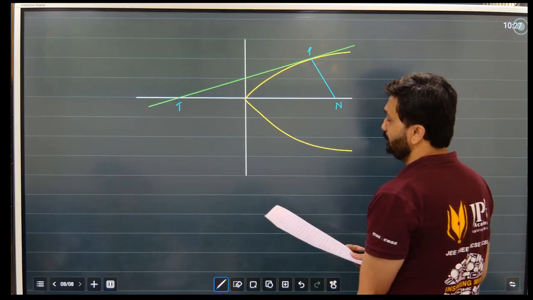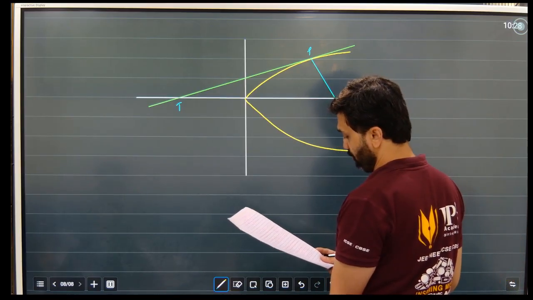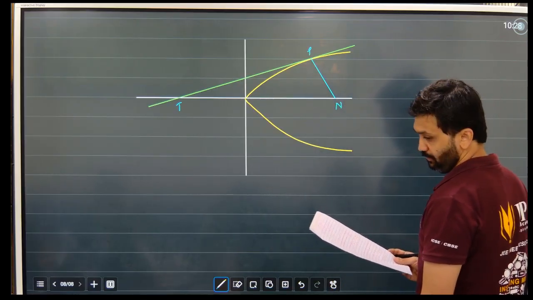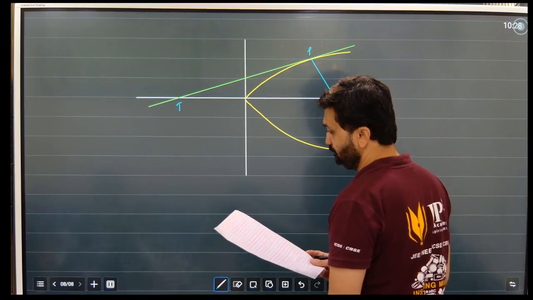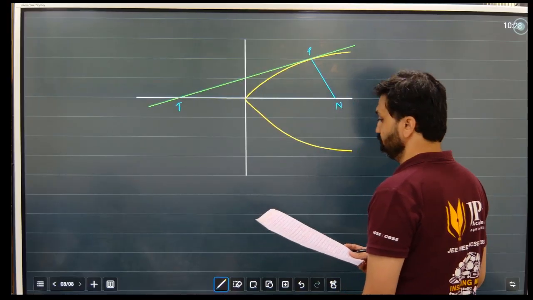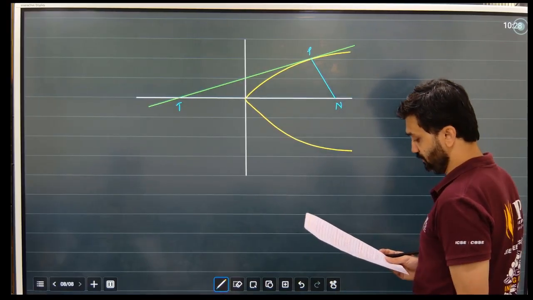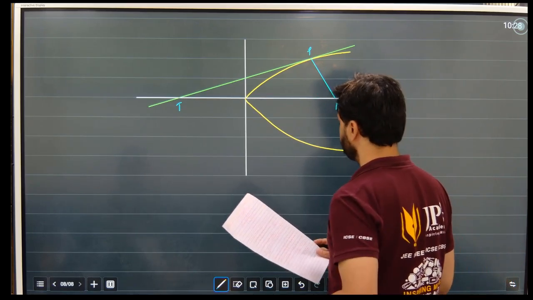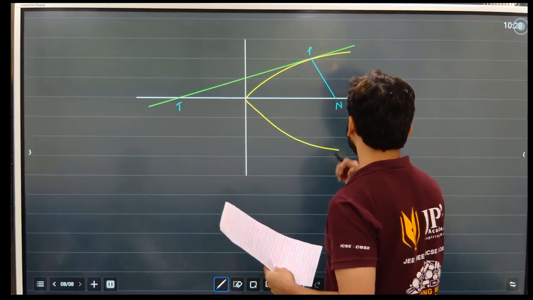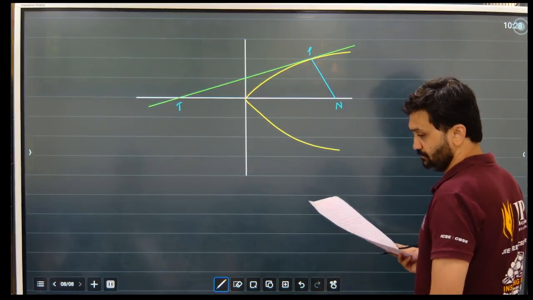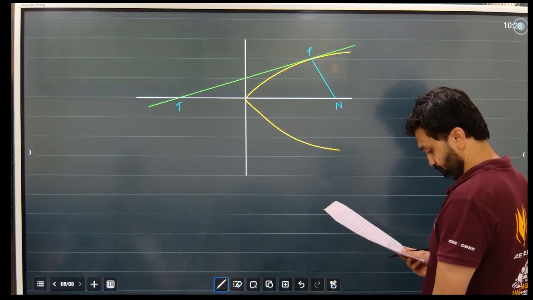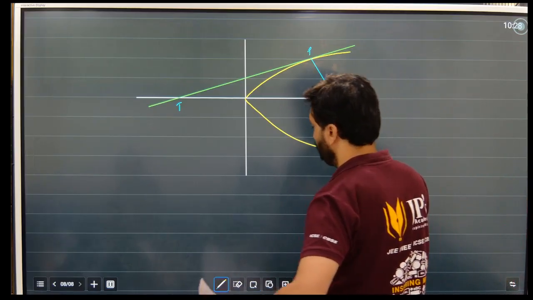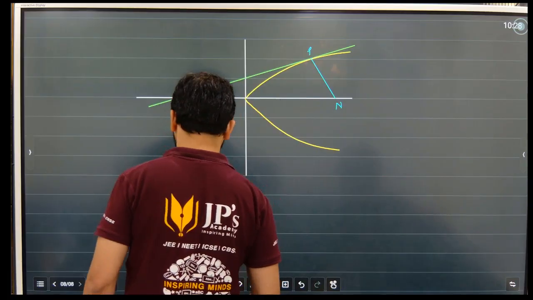If your answer is a parabola, then find the vertex, directrix, and LLR, the length of latus rectum.